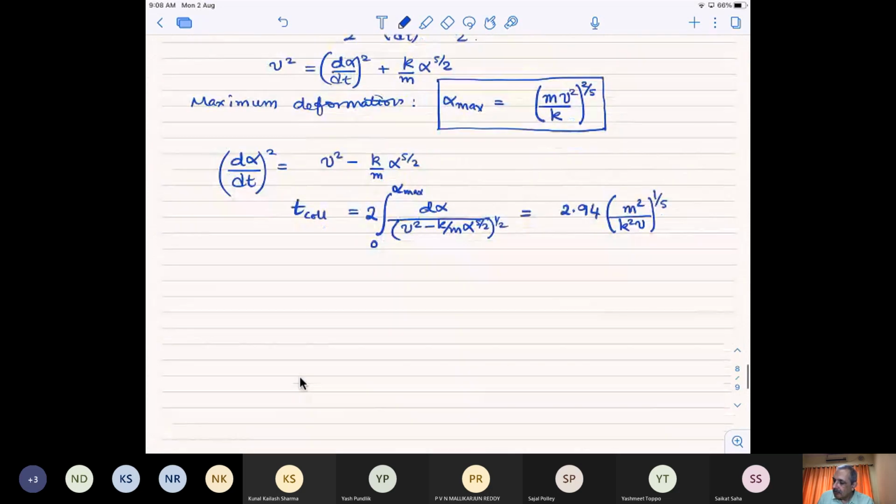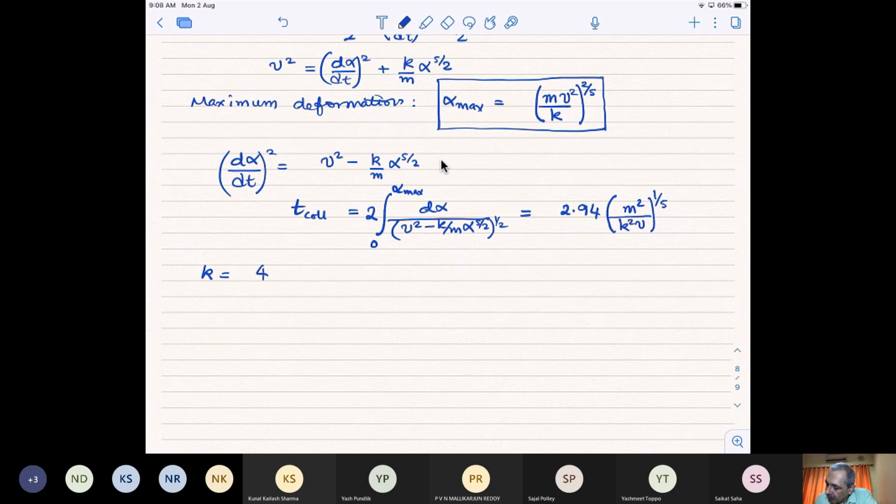Now, we have already seen, I think in the last class you may not have noticed it, but I had shown this formula that this K is actually related to material properties.